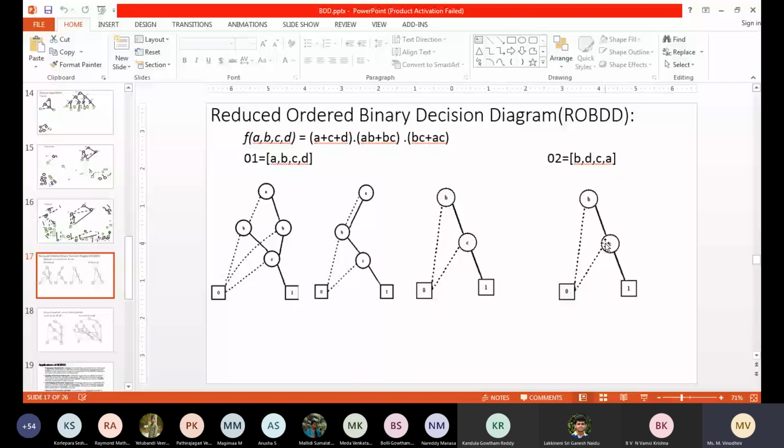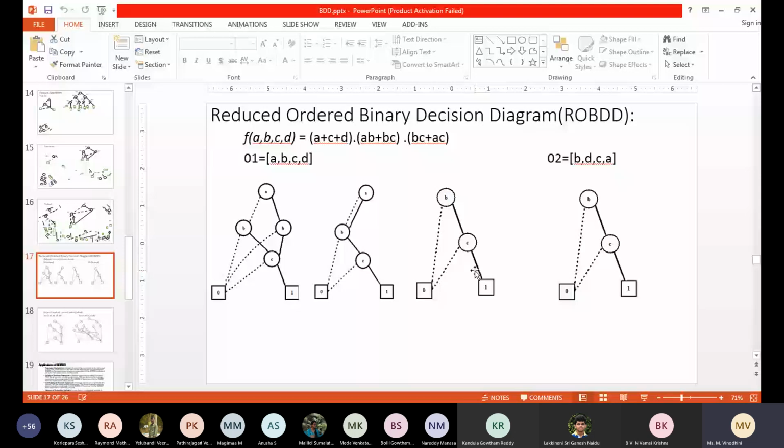It is a reduced binary decision diagram when it is in a form that I cannot further reduce, already in the complete reduced form. And where does the word ordered come into the picture? Reduced ordered binary decision diagram.